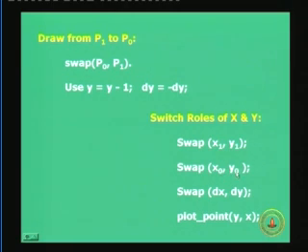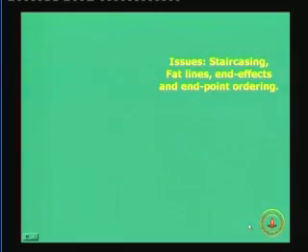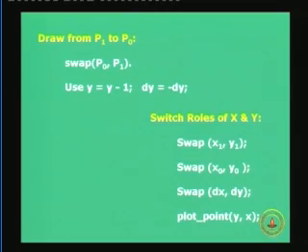It typically means that your x becomes y and y becomes x. You also swap the values of dx and dy, which were used to initialize the variables, and then you plot a point as y, x instead of x, y. So once you do that, automatically the octants are taken care of. So these are the two cases for drawing a line in all the other quadrants.